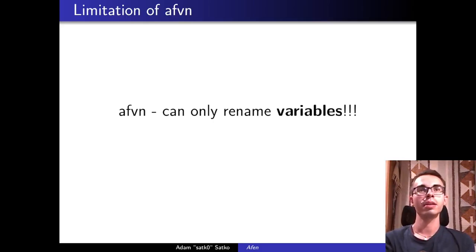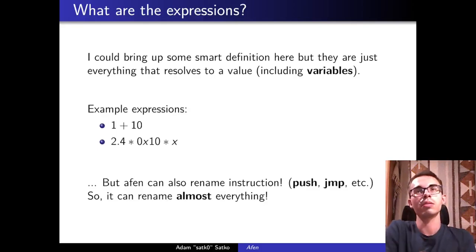the afvn command to support more instructions than variables. I mean expressions, basically, because variables are also expressions. As you can see, I just explained it with this small notion.